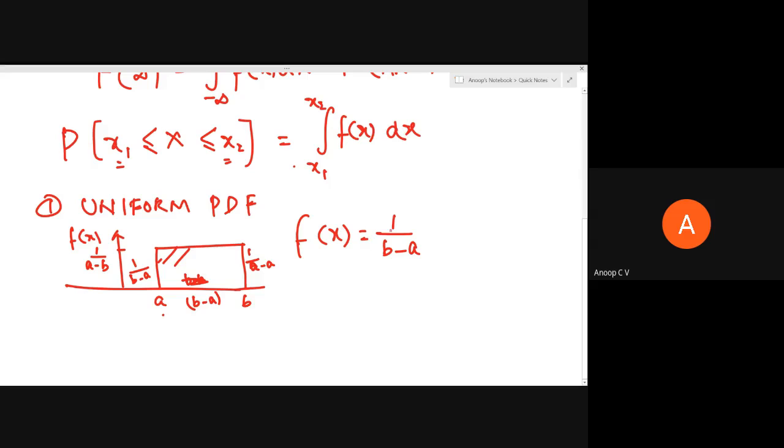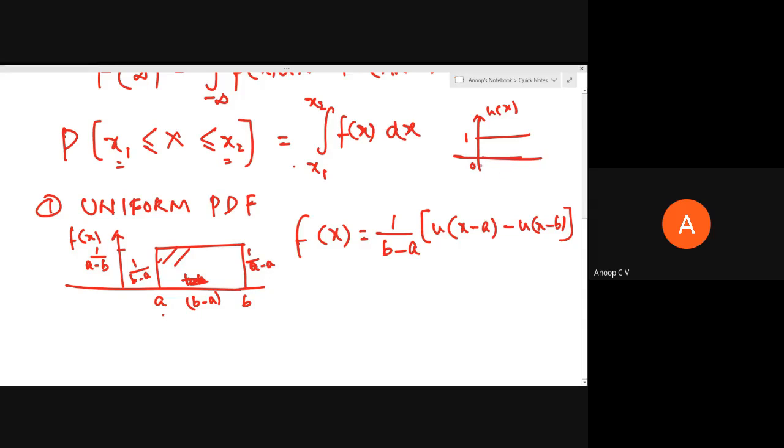So we can represent it as 1 by b minus a into u of x minus a minus u of x minus b, right? Where u of x is the step function. This is u of x, right? So 0 and 1.